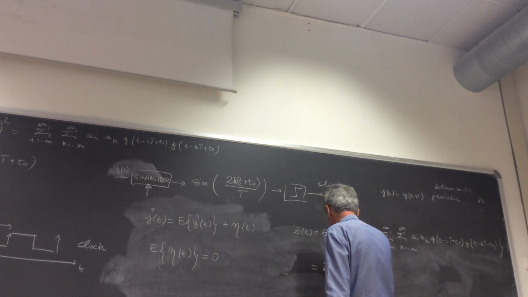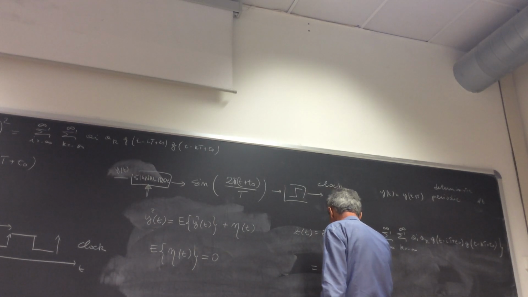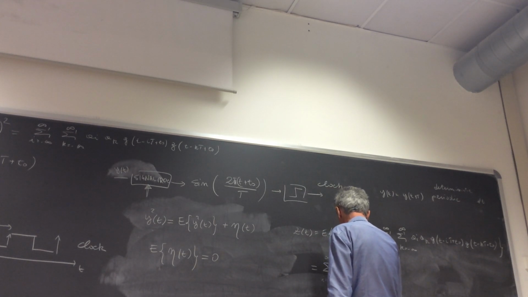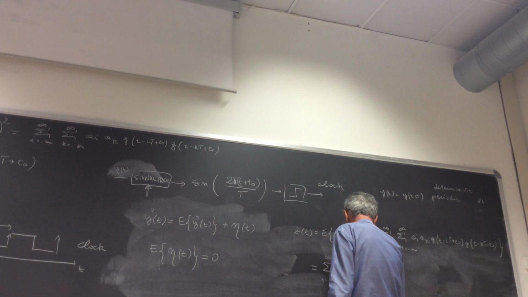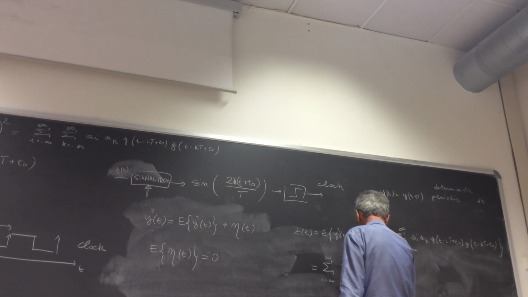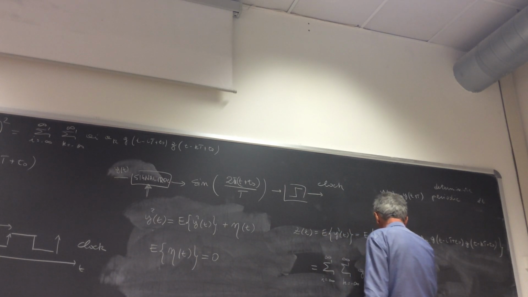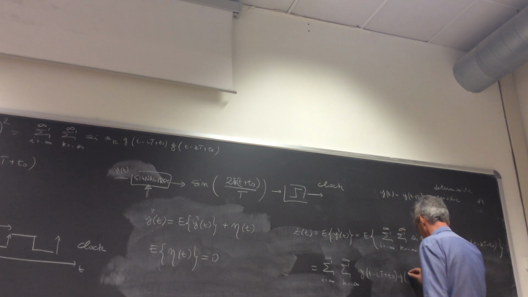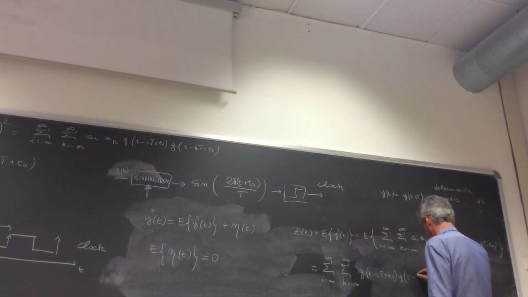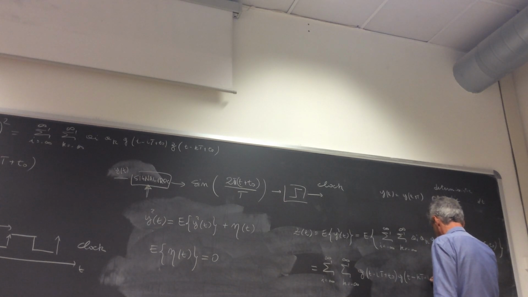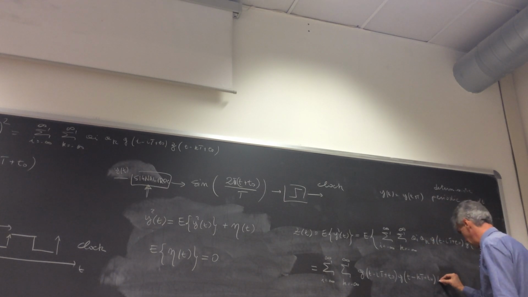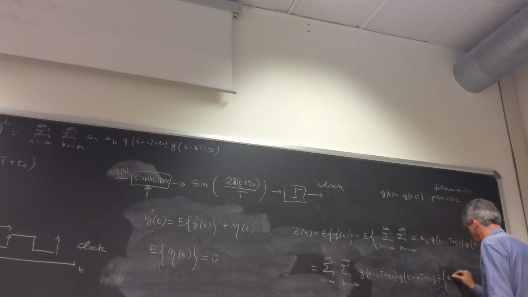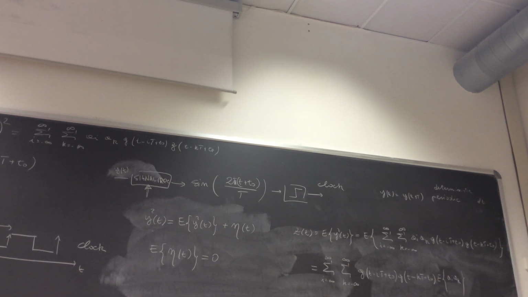So this can be written as the sum over i, the sum over k, g, which is non-random, so also g can be brought out of the expectation operator and then multiply by the expectation. Now it's easier, is it?